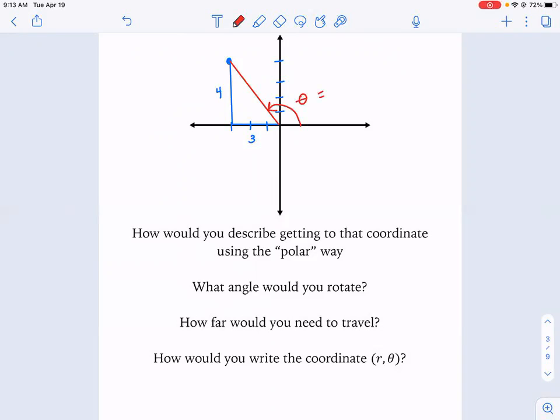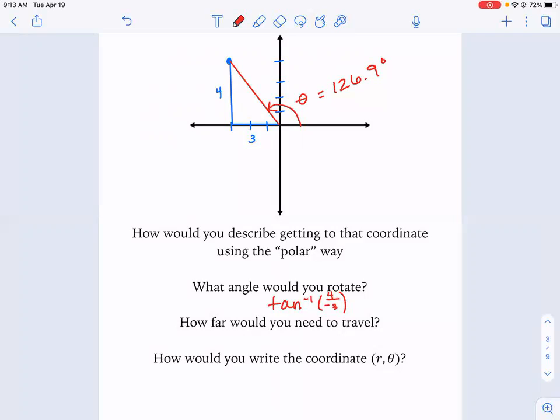All right, let's talk about how far we would have to rotate. Isaac, how far would we have to rotate to get there? Can you talk me through how you got that? Okay, so you took the inverse tangent to get your reference angle, but then we need 180 minus that 53 degrees.